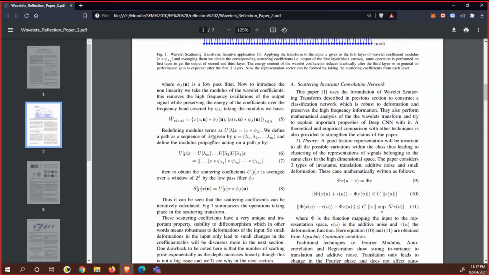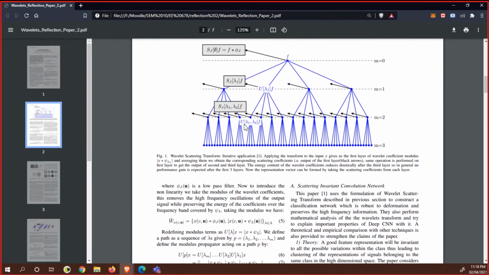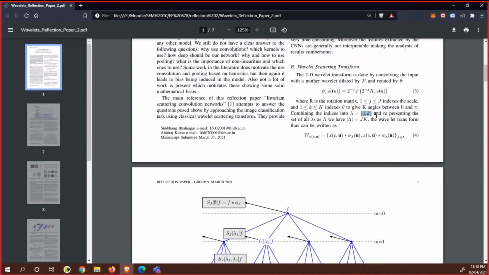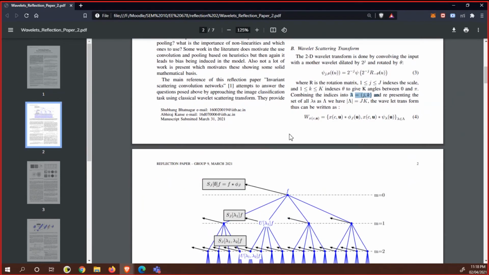So if we define U_lambda of x as x convolved with psi_lambda, psi being the wavelet and lambda representing the parameters, by parameters I mean the j's and k's that we have for rotation and scaling.